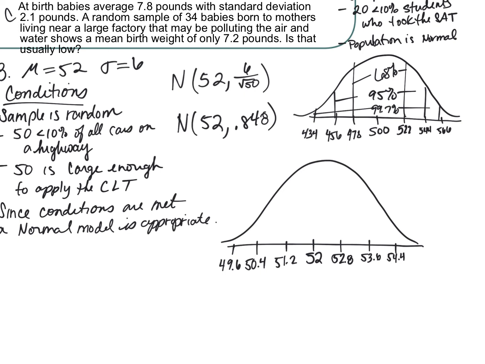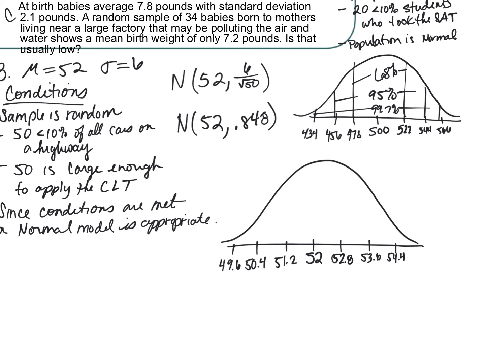Well, you have the standard deviation of the population of cars on the road. So if you pick a single random car, it has a mean of 52 with a standard deviation of 6.